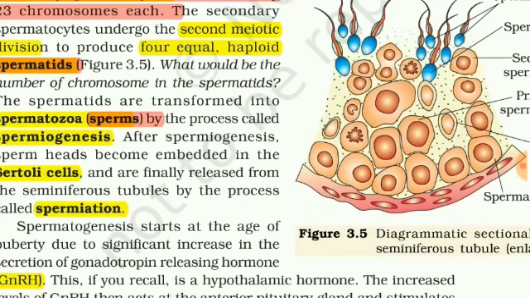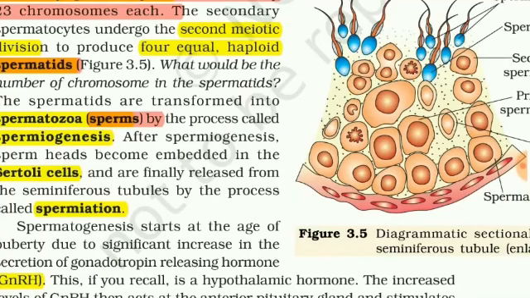I asked some questions on this topic. What is the ploidy of the spermatogonium? Diploid, 2n. How many chromosomes are present in the spermatogonium? 46. How many chromosomes are present in the primary spermatocytes? 46.